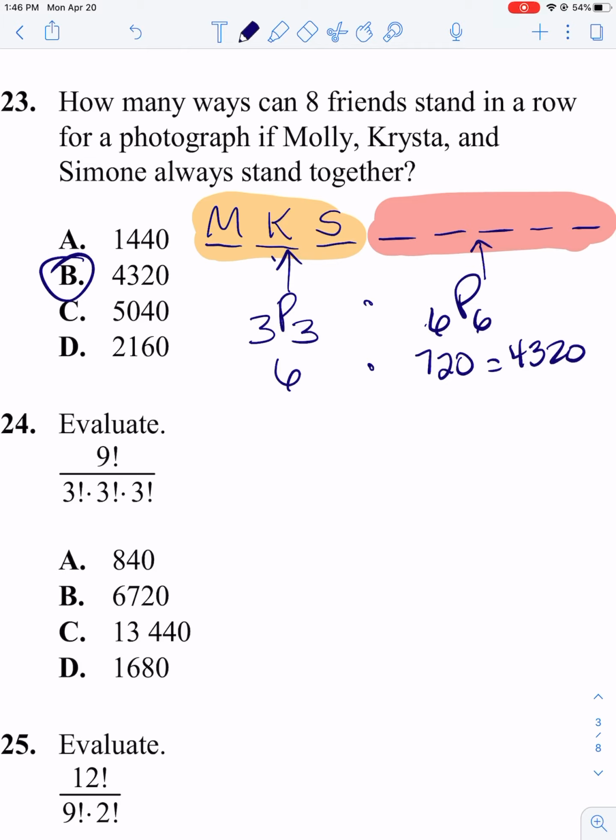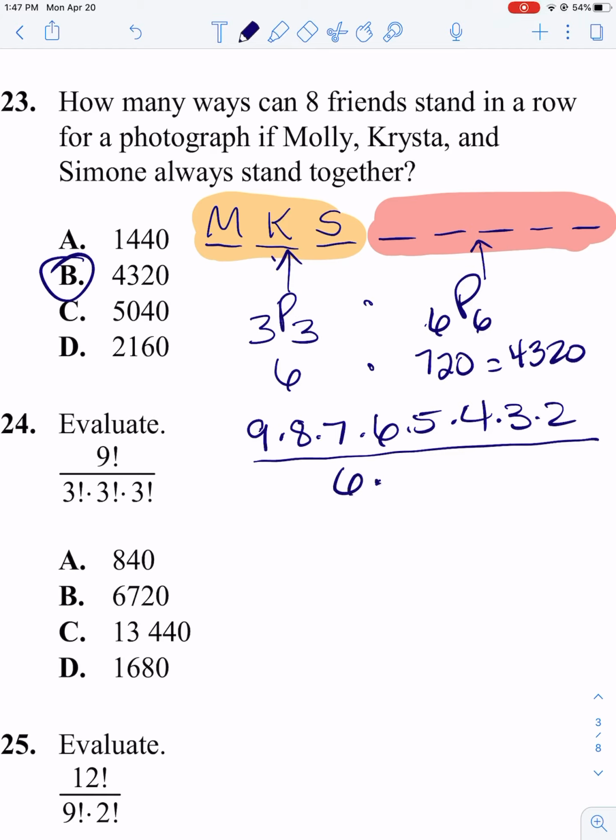Number 24 is just straight math work. I don't like punching them into my calculator. I like to expand and cancel all I can. So I have 9 times 8 times 7 times 6, 5, 4, 3, 2. I never put the 1 because anything times 1 doesn't change. 3 factorials are 3 times 2 times 1, which are all 6s. So 6, 6, and 6.